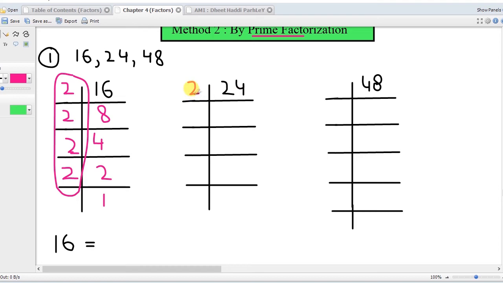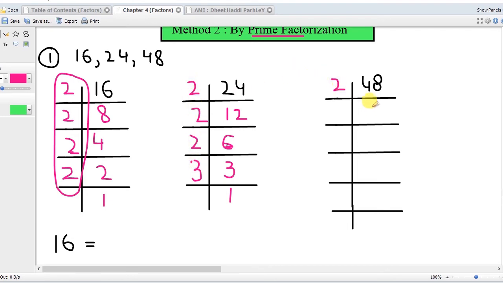So for number 24, 2 times 12 is 24, 2 times 6 is 12, 2 times 3 is 6, and now 3 does not come in the times table of 2, so we have to jump from the times table of 2 to 3. So 3 times 1 is 3. So these are the factors for 24, and all these factors are prime numbers.